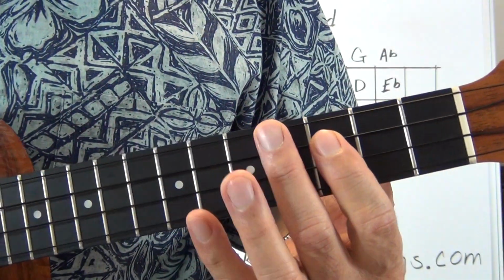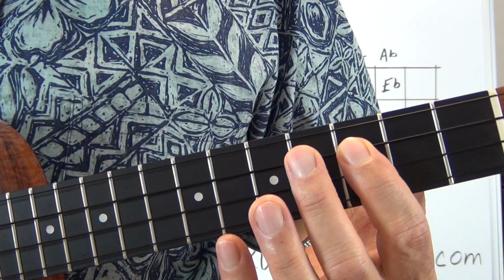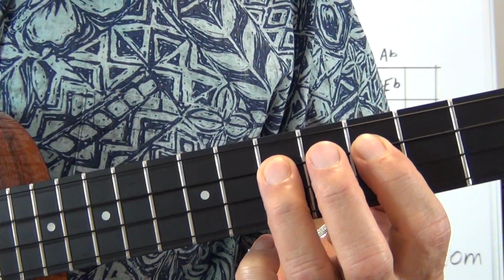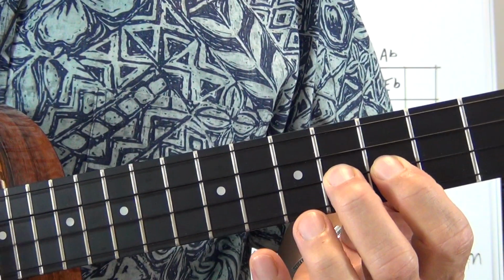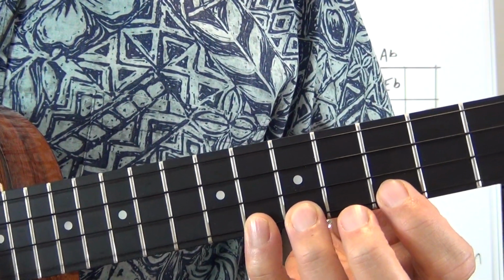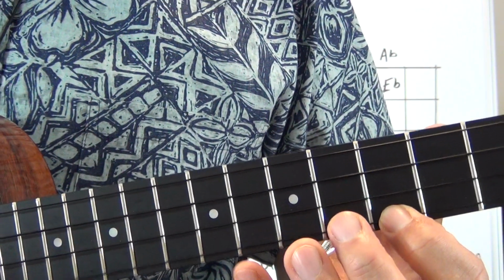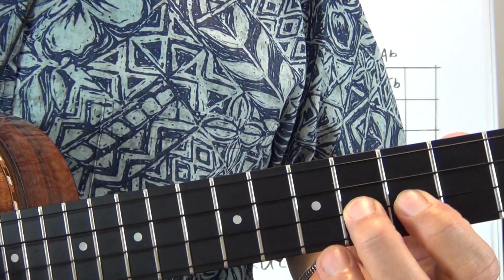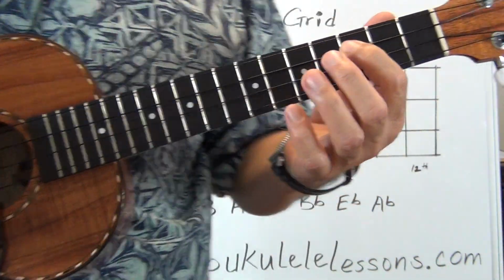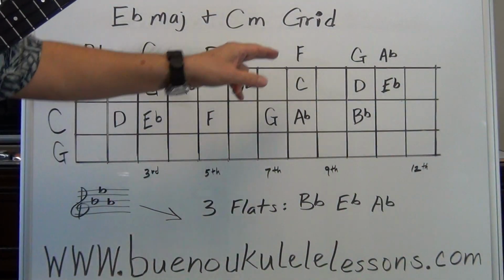Starting with E flat, 3rd string, 3rd fret. Here we go. E flat, F, G, A flat, B flat, C, D, E flat, D, C, B flat, A flat, G, F, E flat.